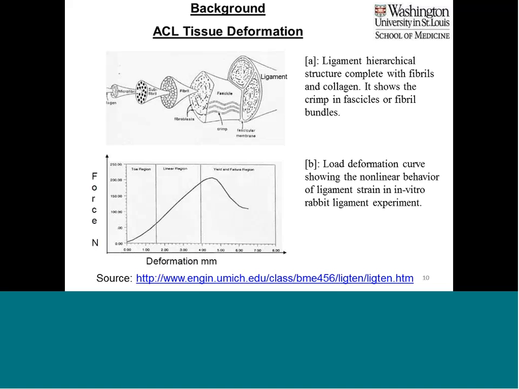The ACL, like most ligaments, does not deform more than 15% of its resting length, and the force-deformation diagram that you see is one taken from an in vitro rabbit ligament experiment, which is very similar to the ACL force deformation in human beings.